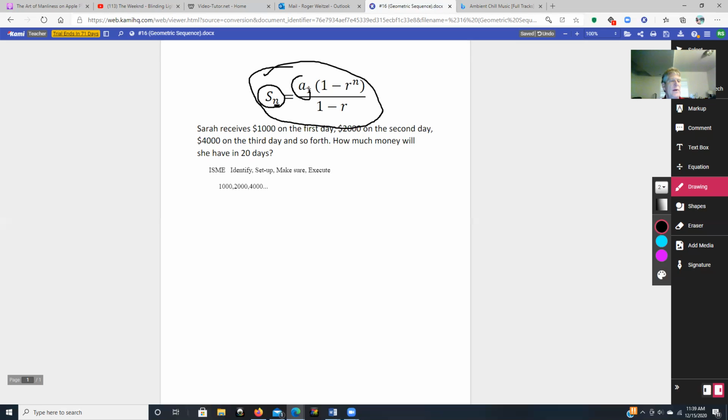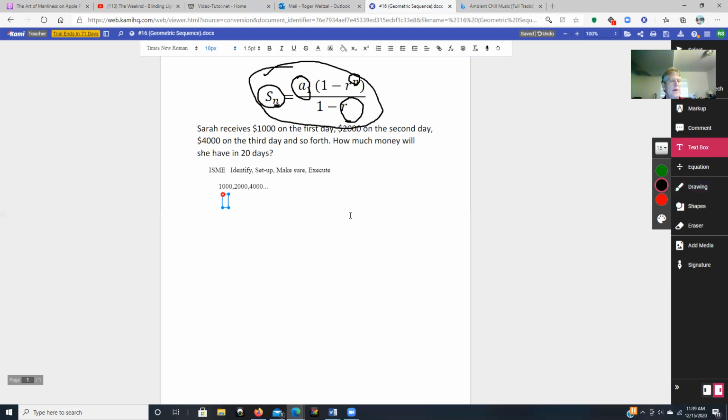This is our first term. And this again is the number of terms. The R is the ratio, meaning from one to the next, what is the ratio? So let's go ahead and figure out what that is.